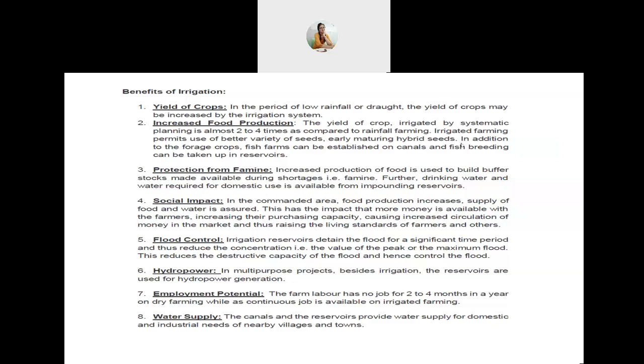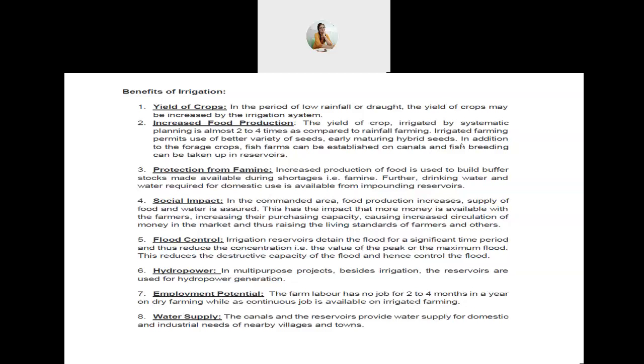In the commanded area, food production increases, supply of food and water is assured. This has the impact that more money is available with the farmers, increasing their purchasing capacity, causing increased circulation of money in the market and raising the living standards of farmers and also others.